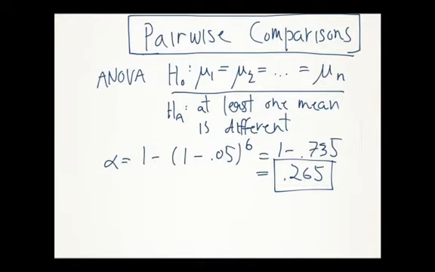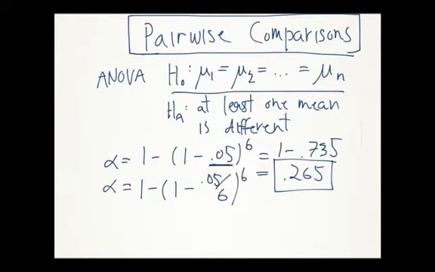So what if instead of using the 0.05, which we normally use, we instead use an alpha of 0.05 divided by 6? In that case, our calculation would look just the same, 1 minus, but now it would be 0.05 divided by 6, okay?